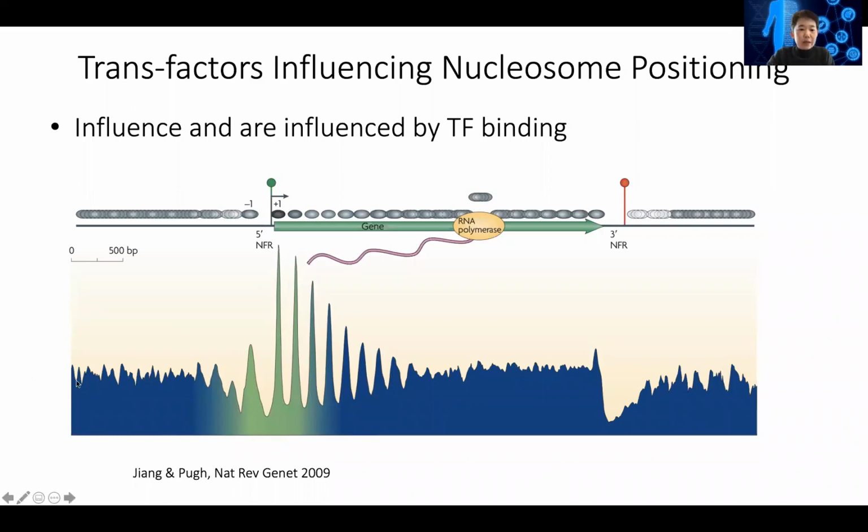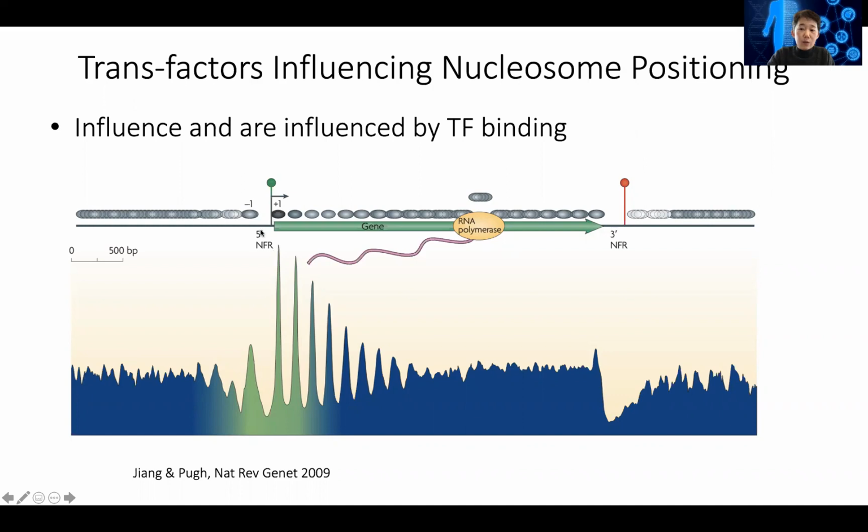So as we mentioned, if you sequence nucleosomes across the genome, in many locations, what you will see is like this. The nucleosomes are not very well positioned. However, in some regions, in this case, you will see a very strong nucleosome-free region.